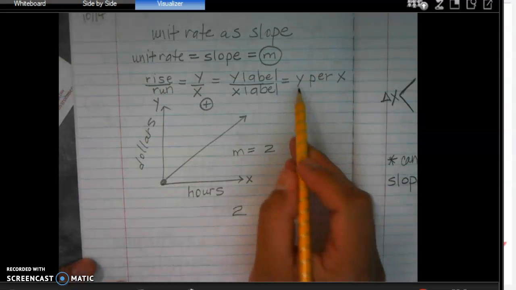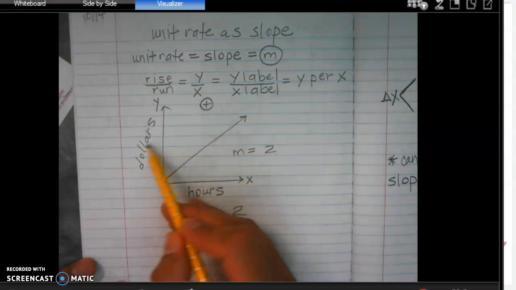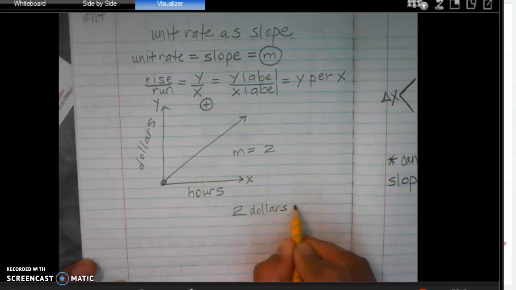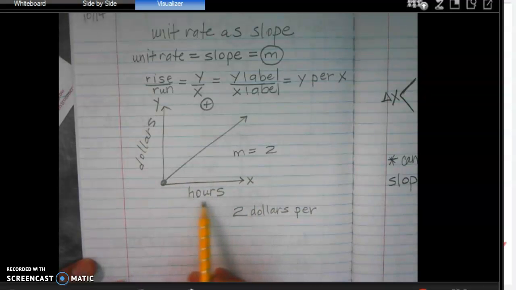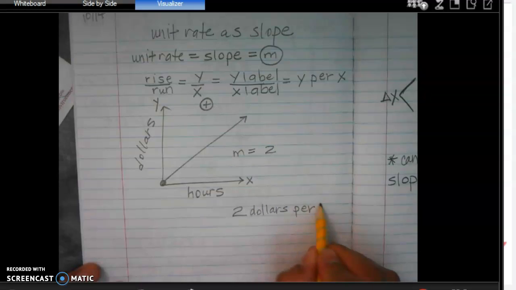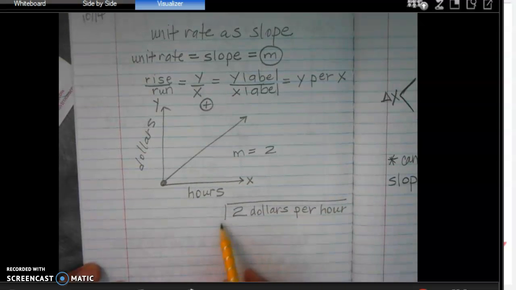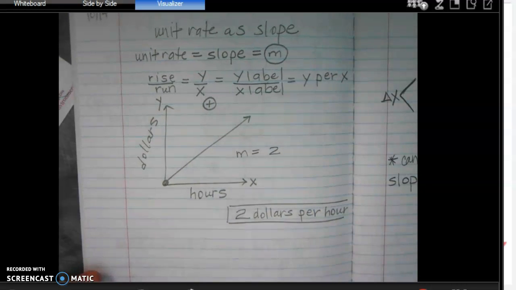And remember, we do y per x. Y is talking about dollars. So it's $2 per, and then singular of hours would be hour, because I only want 1 unit. So one thing, $2 per hour.